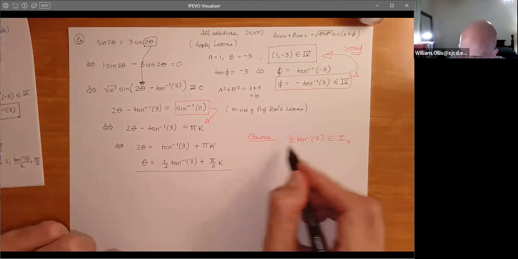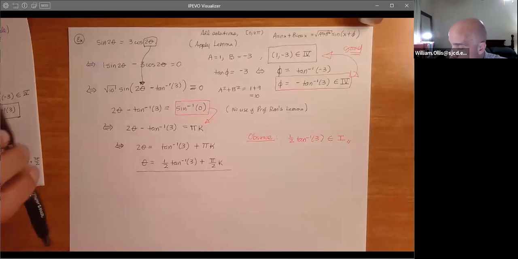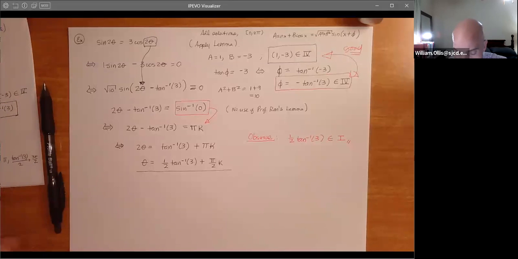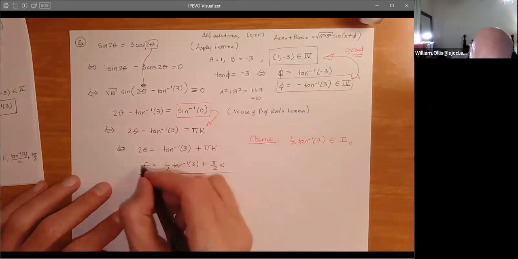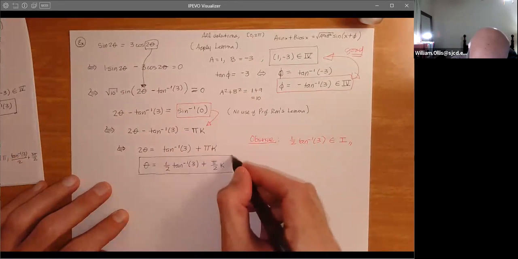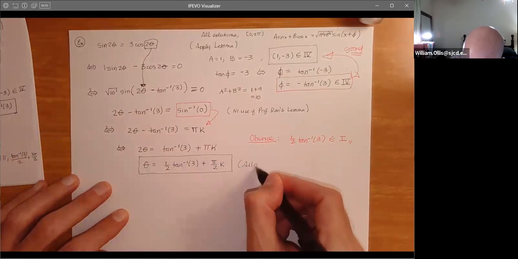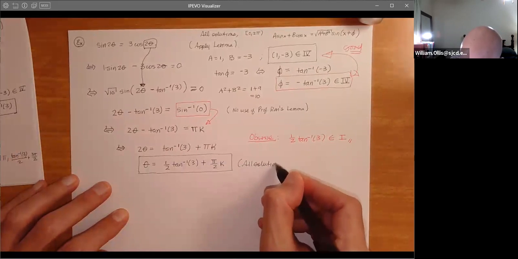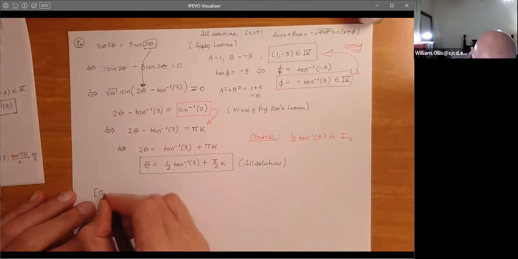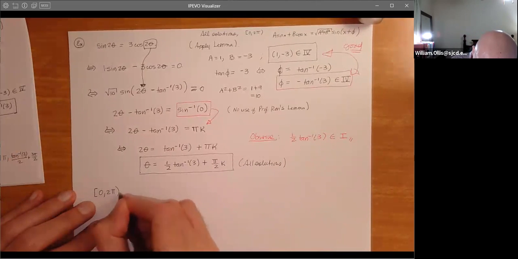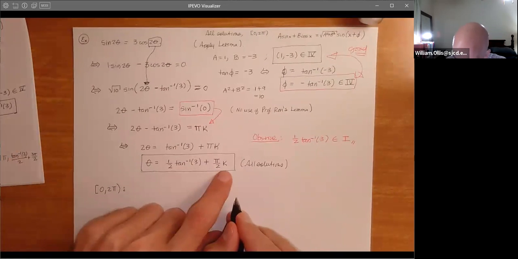So now this will allow us to write the solutions that we find in this particular interval. So now right here, all solutions, and now 0 to 2 pi. So we'll start with this guy when this is 0.